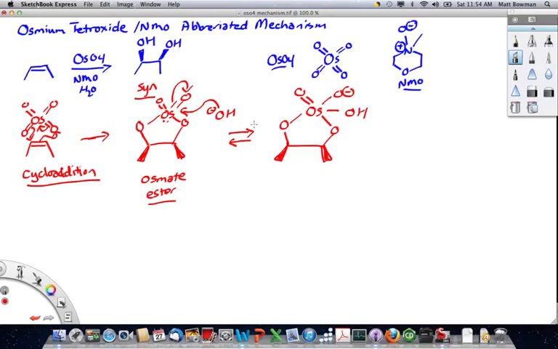And this is a reversible process, meaning the electrons can come back down, reform the osmium-oxygen double bond, and kick off the OH, or it can kick off one of these oxygens.